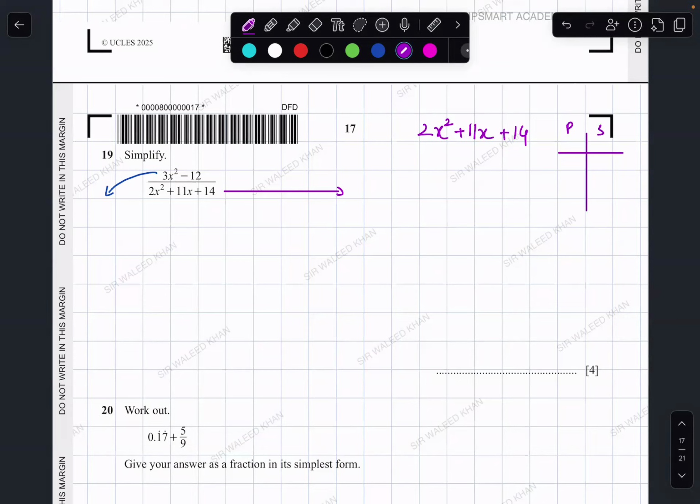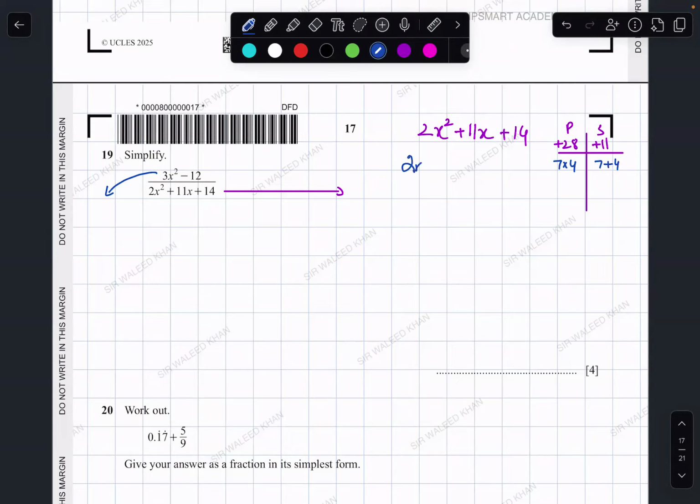The product should be positive 28. The sum should be positive 11. So we need two numbers. When we multiply, it's a positive 28, and when we add, it becomes positive 11. So the two numbers I can think of are positive 7 and positive 4, and 7 plus 4 is 11.